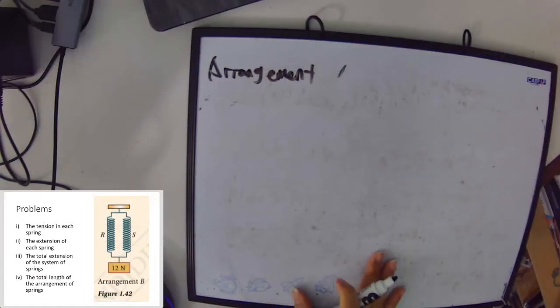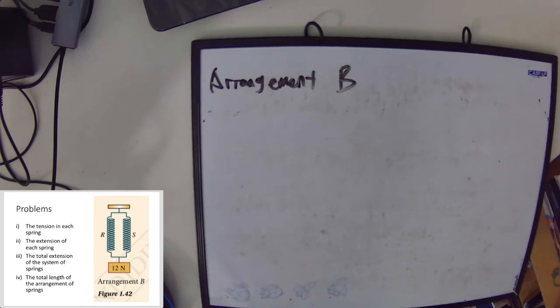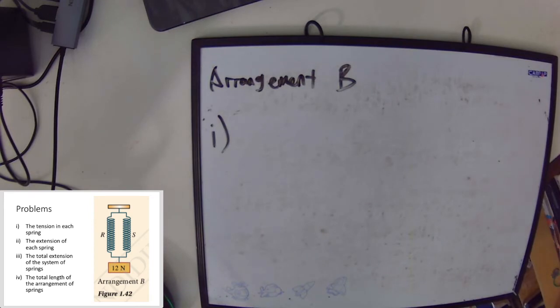So in arrangement B, we have spring R and we have spring S. So the tension of each spring, this time it is no longer the same, because the two springs share one load, we have to divide by 2.